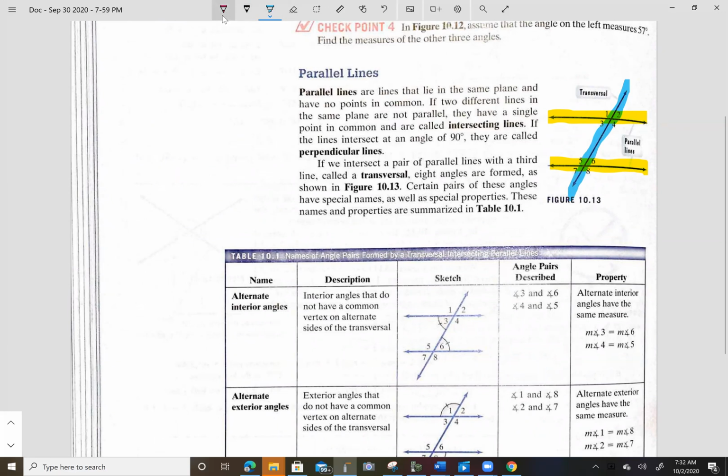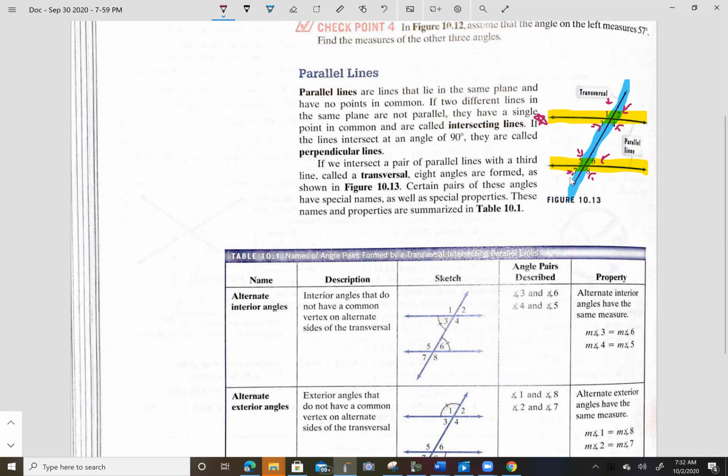Because these yellow lines are parallel to each other, all of the angles are going to be exactly the same as the angles here. They're just going to be shifted down, but their measurement is going to be the same because those parallel lines have exactly the same slope.